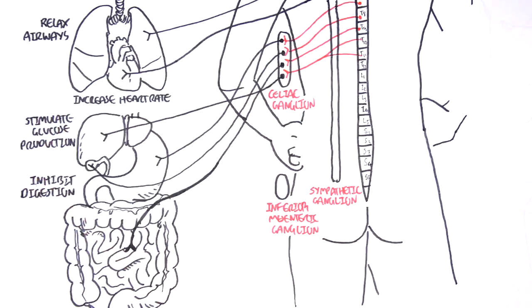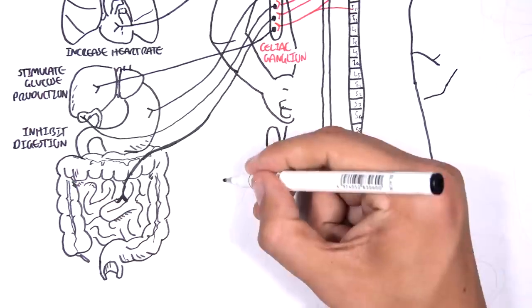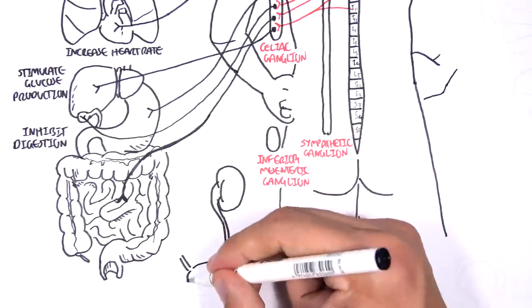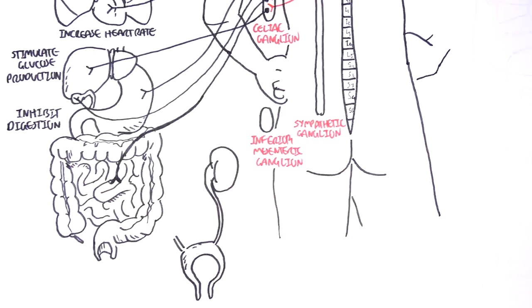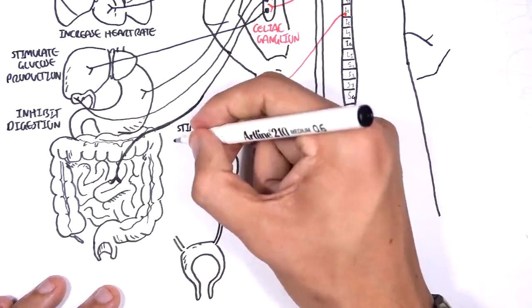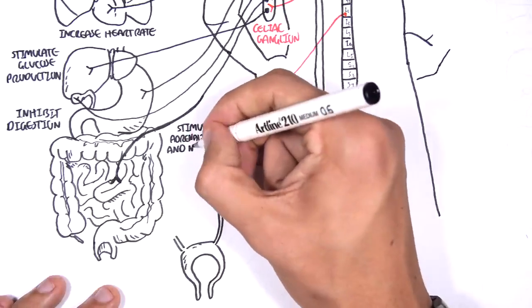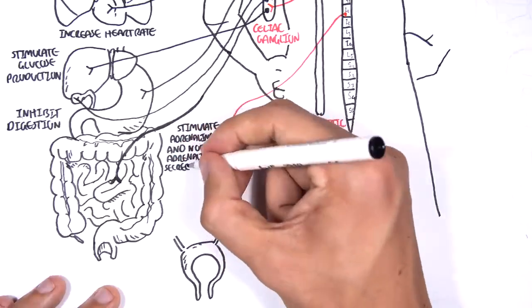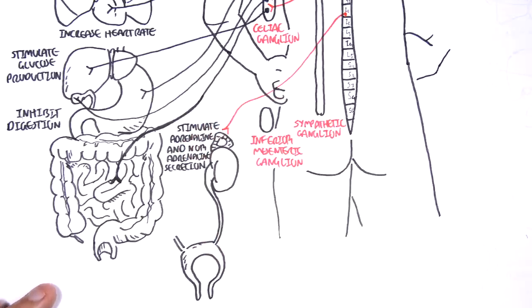And then neurons arising from the lumbar segment of the spinal cord will target the adrenal glands and will stimulate adrenaline and noradrenaline production. And this will promote sympathetic activity.